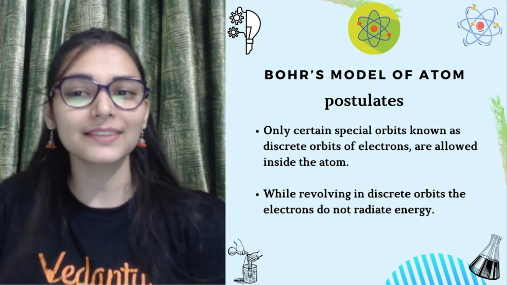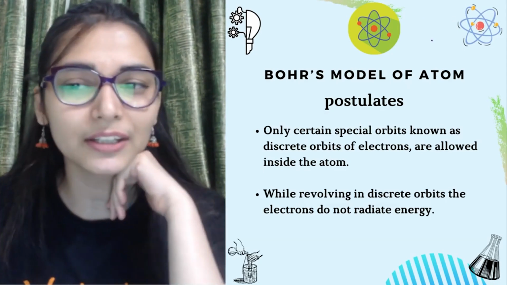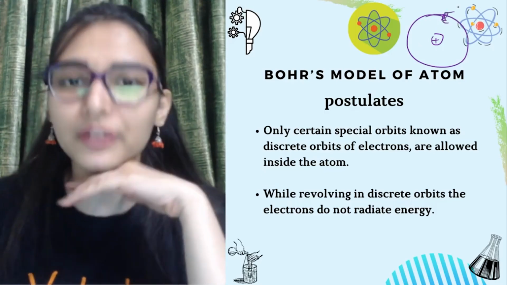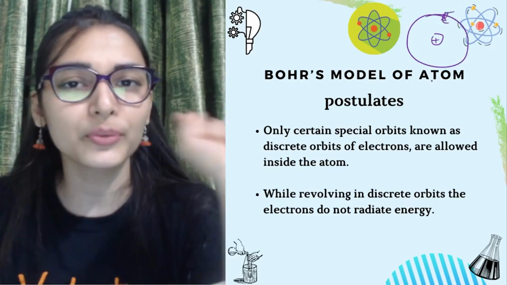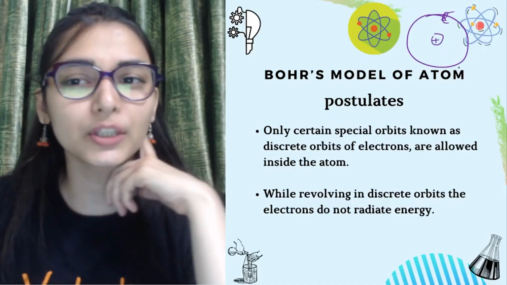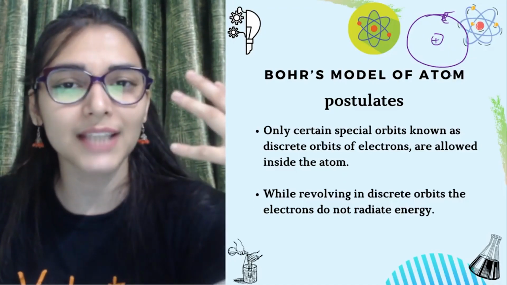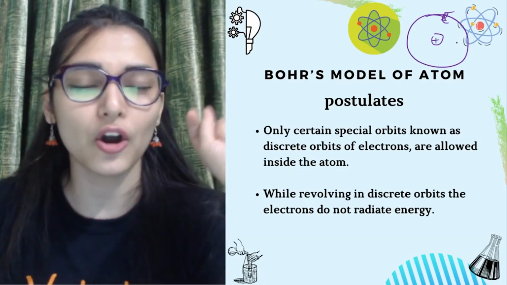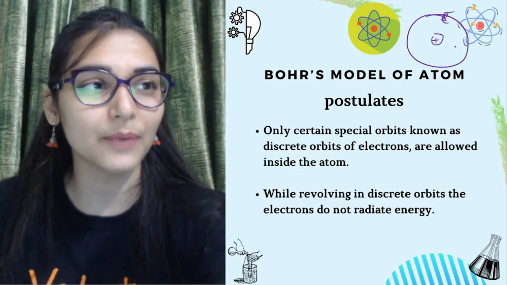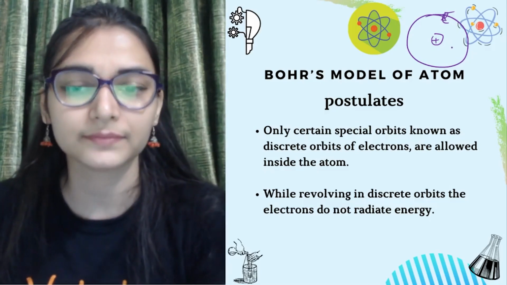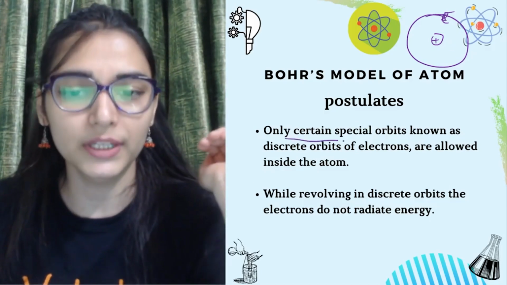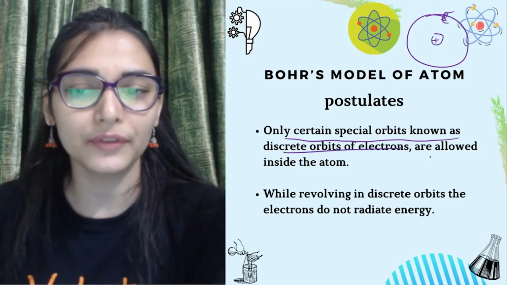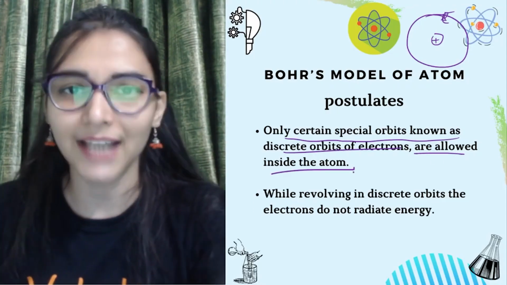So he said that electron cannot randomly revolve anywhere. In any orbit, electron cannot revolve. In whichever orbit electron is revolving around the nucleus, this orbit comes with some fixed energy. So if electron has to revolve in this orbit, then it must be moving with some certain amount of fixed energy. Okay, so it's clear only certain special orbits known as discrete orbits of electrons are allowed inside the atom.